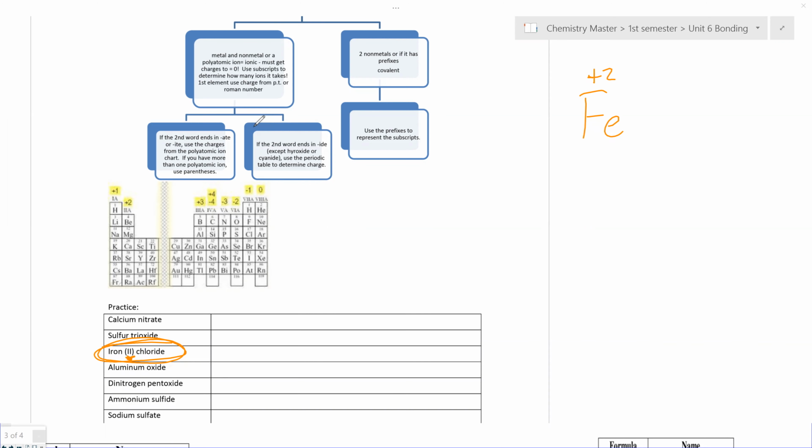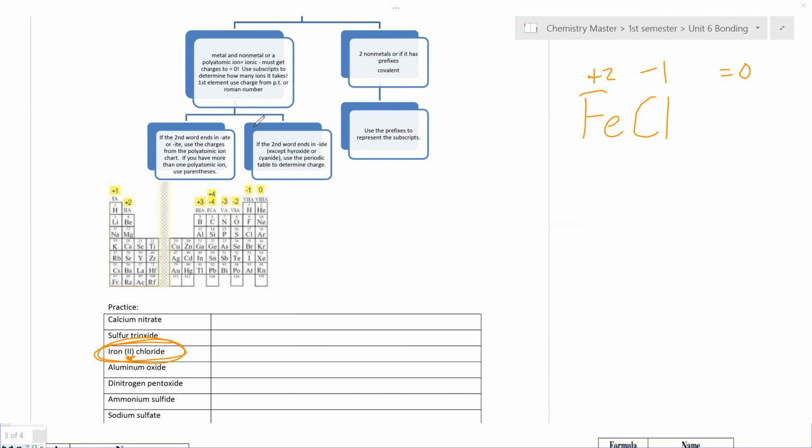And then chloride. What do you think for chloride? Not chlorate, but chloride. Cl. Anybody online got the charge for chloride? -1. Excellent. So now we just have to get this equal to 0. Same thing we've been doing. 2 chlorides.